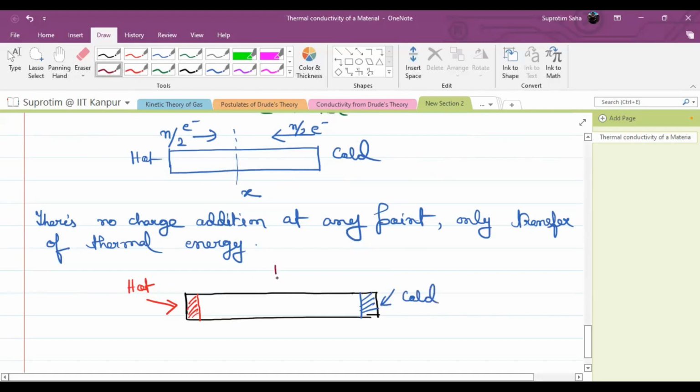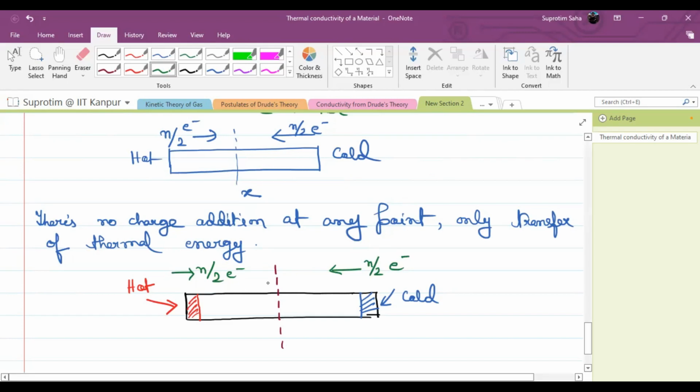This is the point X across which you want to see the transfer of energy. This is your point X, and n by 2 electrons are coming from this side. An equal number of electrons are coming from this side, the other side.